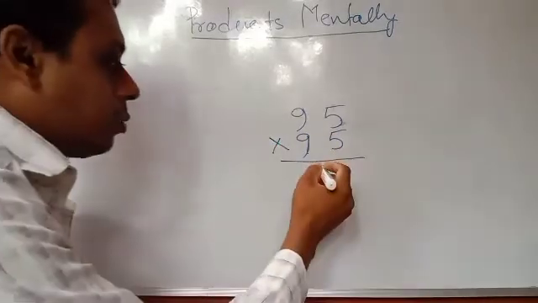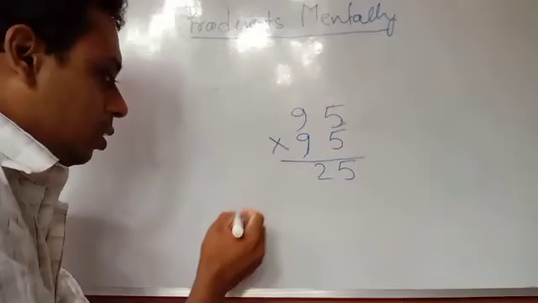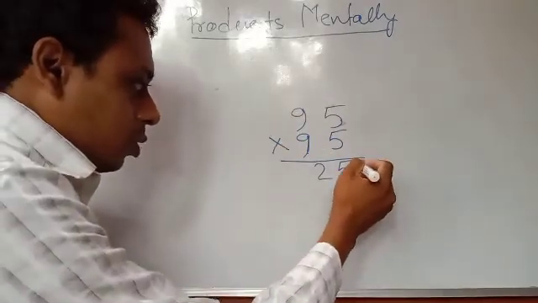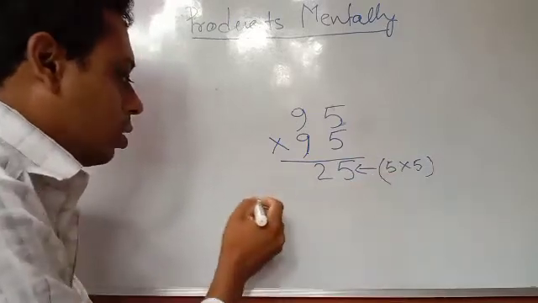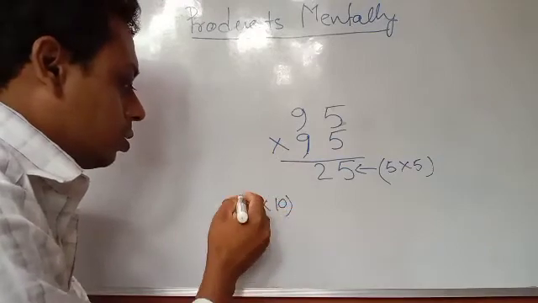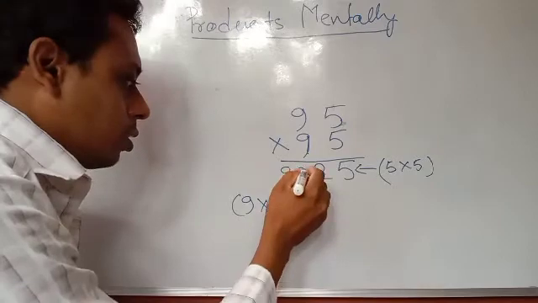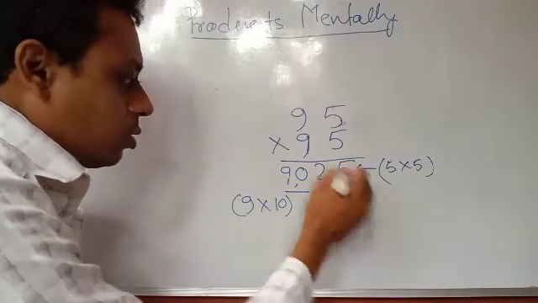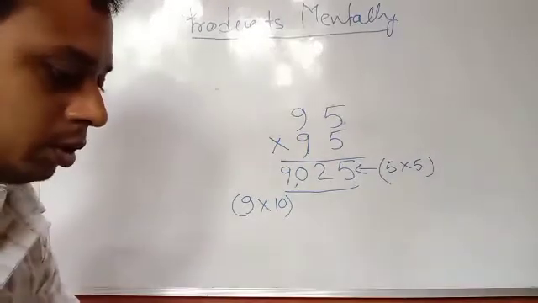We multiply 5 5s are 25, and the 25 you are getting like this, 5 into 5, and successor of 9 is 10. So 9 and 10 if you multiply, then you will get 90. Okay, so 9025 will be the answer. Now look at the board and see properly.